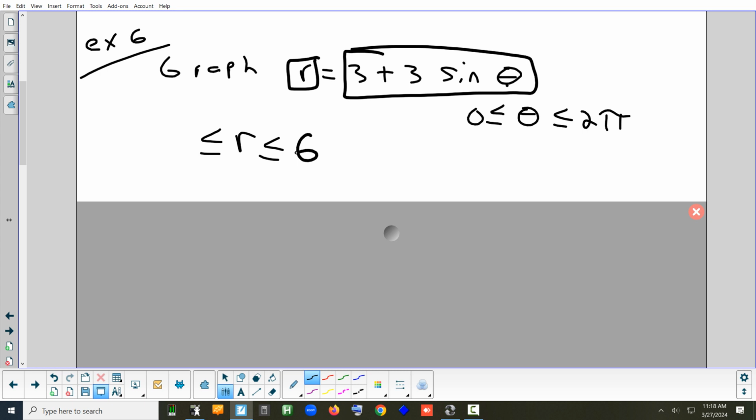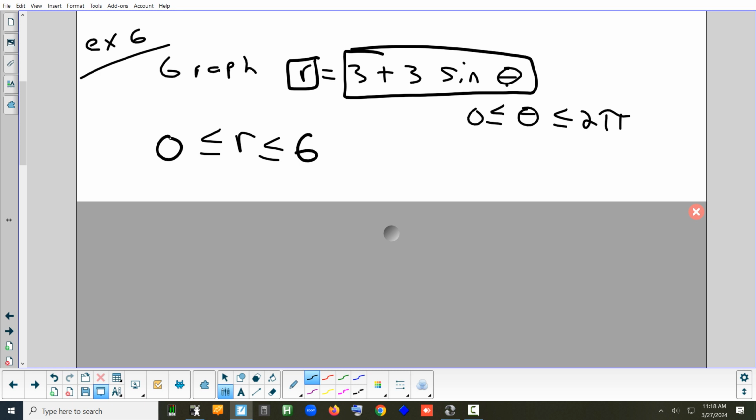Now I want to know the smallest that the radius could ever get. How about, what's the shortest distance away from the origin the radius could ever get? 0. Yeah. Because if sine was -1, that would be -3 plus 3.